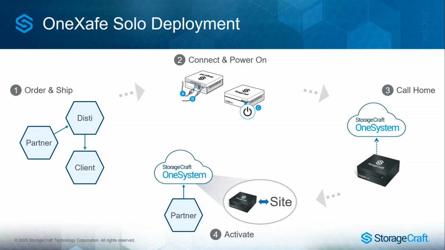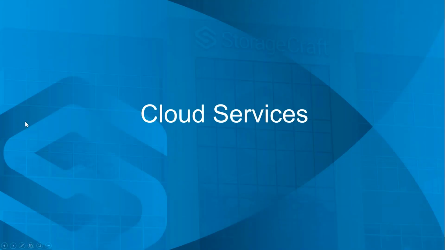Your IT department will just be able to see that it's there, available to be activated, and then to start protecting what you want to protect. So it's a complete set of capabilities. We're extremely excited and happy to bring this full range of capabilities to what you need to do.